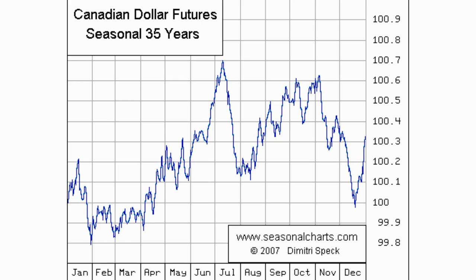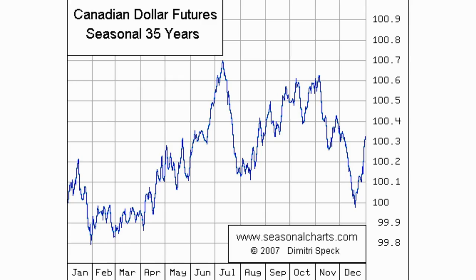Okay, so let's get back. Right here you can see that seasonally or periodically the Canadian dollar has shown a tendency or likelihood to form bearish price action or to go lower from September to December, which means that historically it's proven from time to time that more often than not, according to this 35 years' worth of data, the Canadian dollar goes lower from September till December's end.